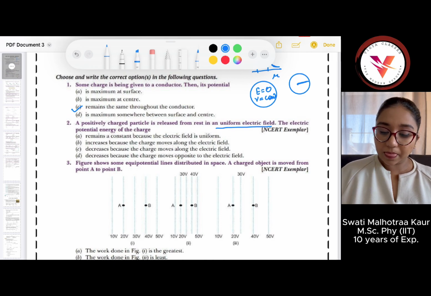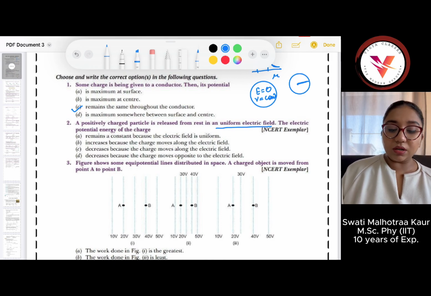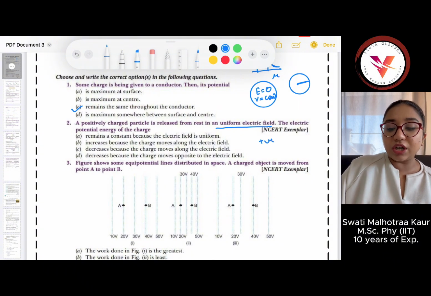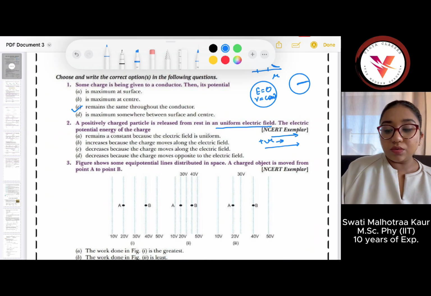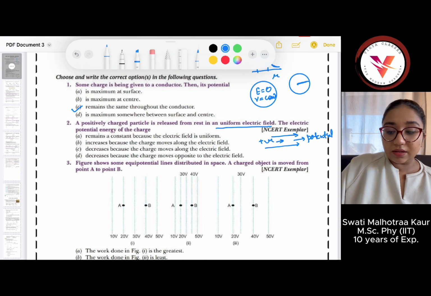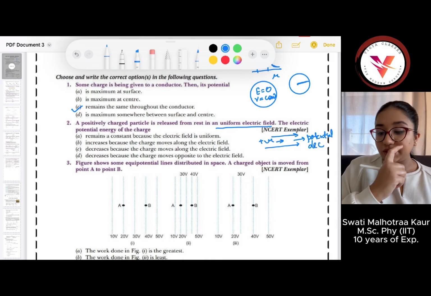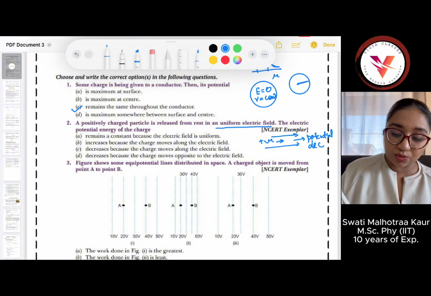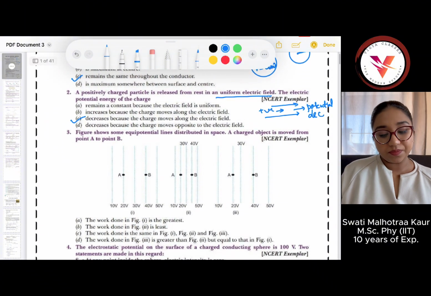Actually, the potential decreases in the direction of electric field, and a positive charge basically moves in the direction of electric field. So here the potential decreases, and the positive charge moves in the direction of electric field, so its potential energy decreases because the charge moves along the electric field. So C is the correct one.